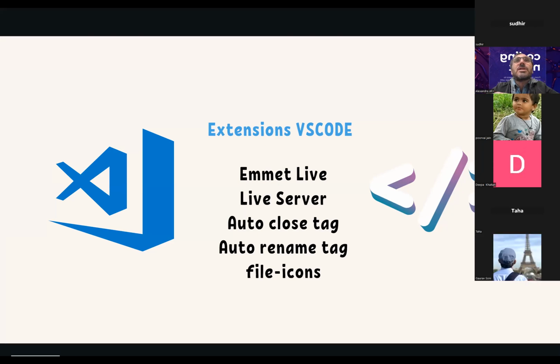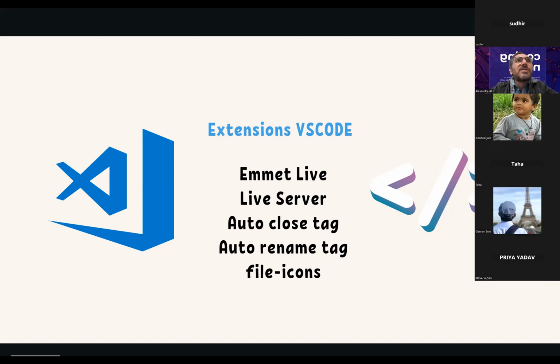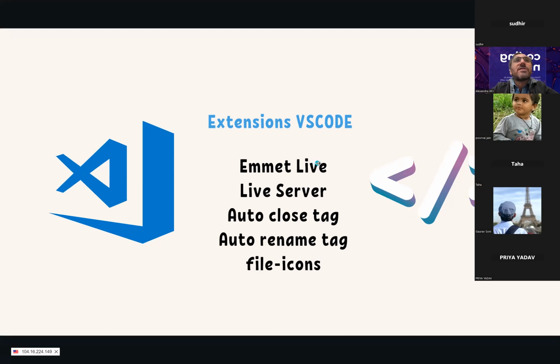But you need to install the live server app first. So I repeat, it is in this part of VSCODE that you will be able to download the live server. We will do the same now with another one called Emmet Live.